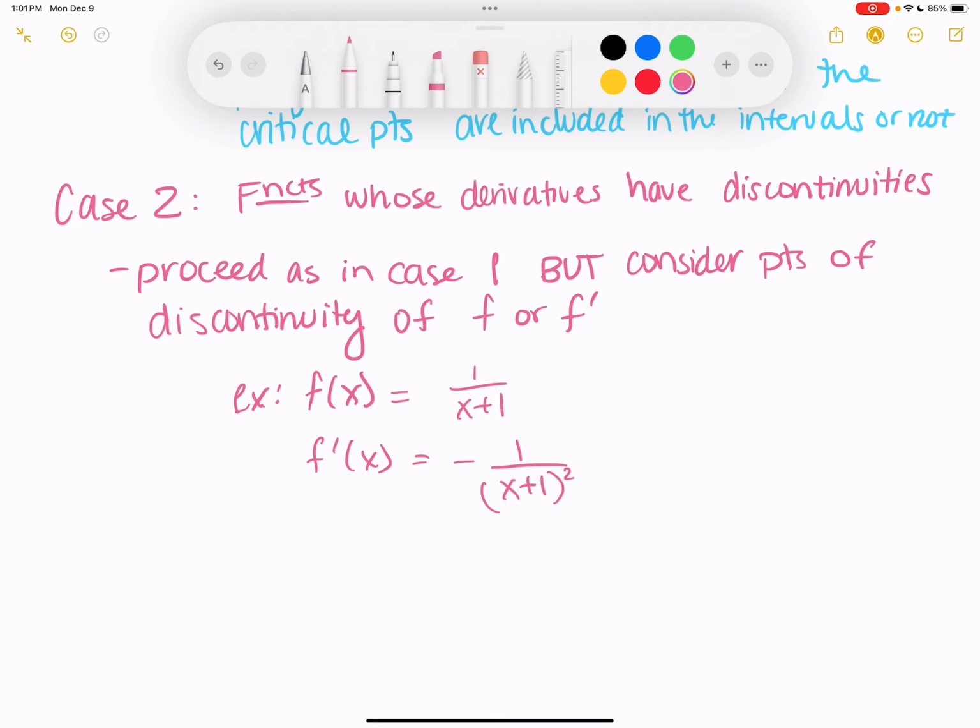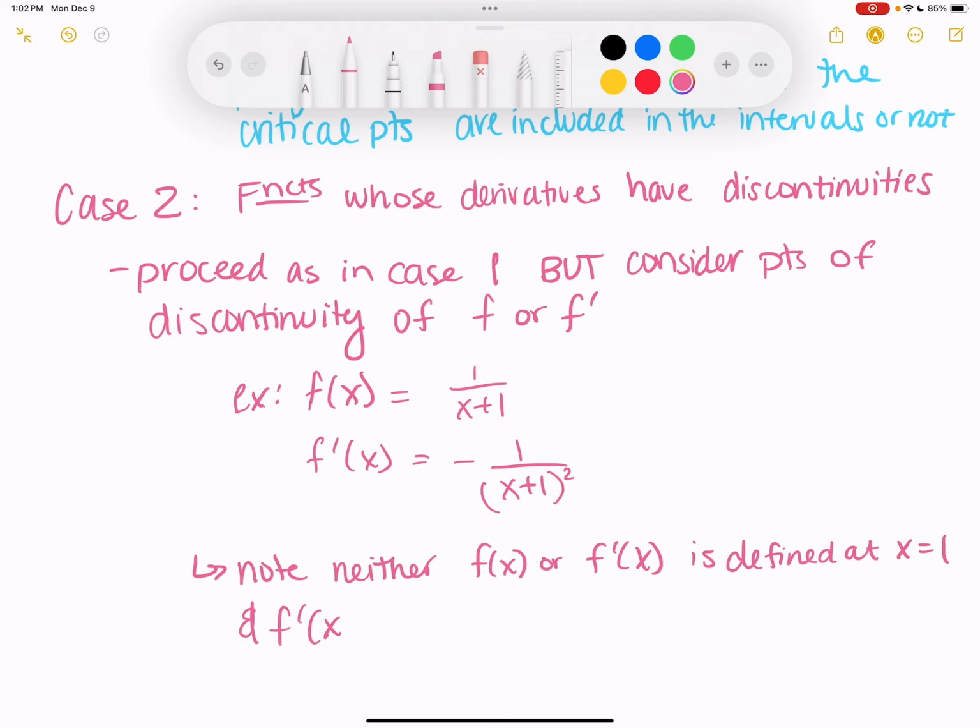Note, neither f of x or f prime of x is defined at x equals negative 1, and f prime of x is never 0.